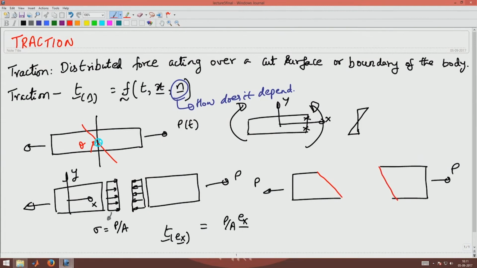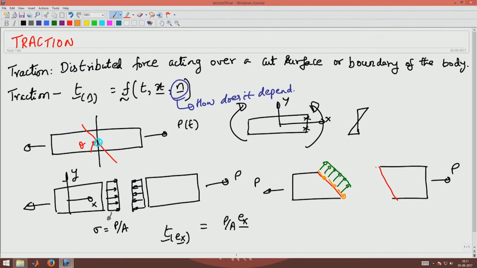Now there are going to be two components of the traction, one a normal component, some traction acting like this, and some other traction acting like this, along and perpendicular to the plane.